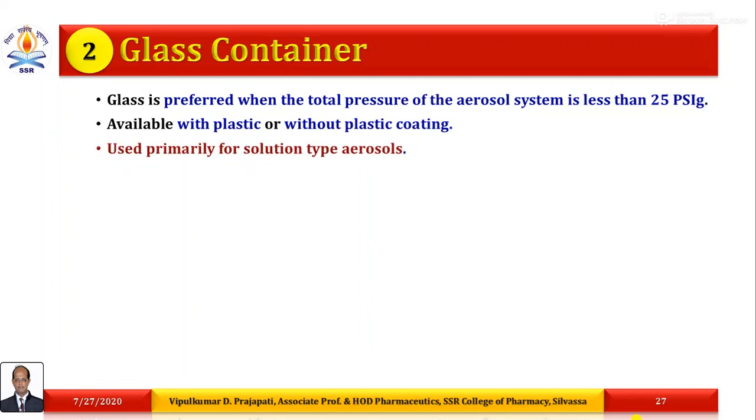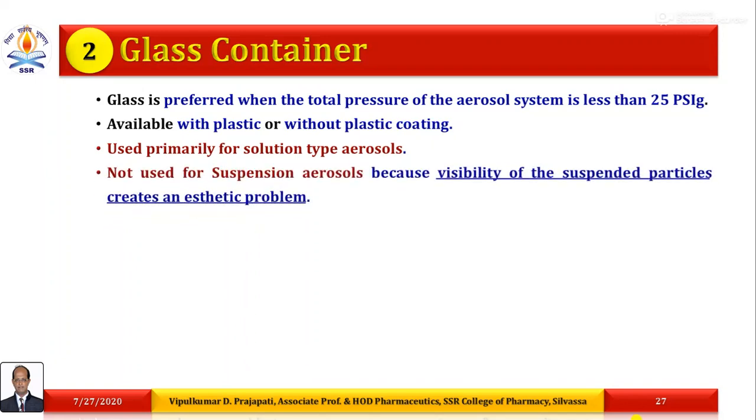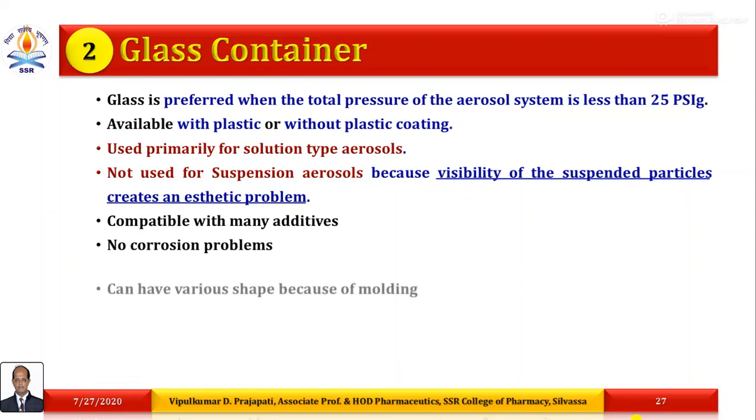They are used primarily for solution type aerosols, not used for suspension aerosols because visibility of the suspended particles creates an aesthetic problem. Hence, they are not used for suspension aerosols. Compatible with many additives. No corrosion problems.